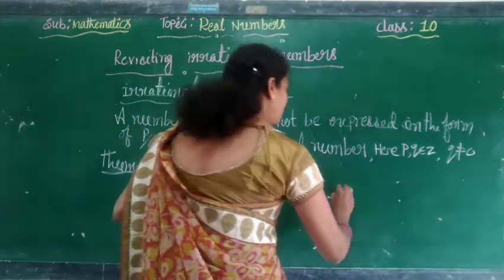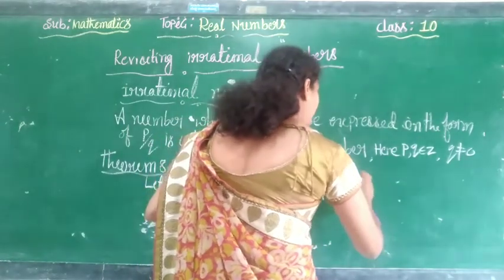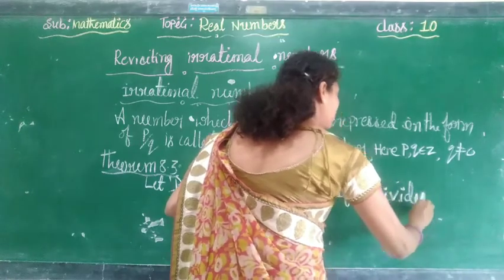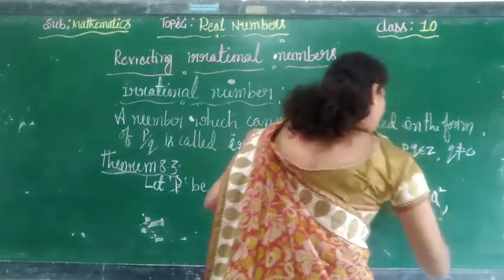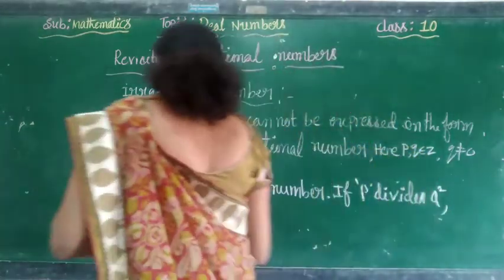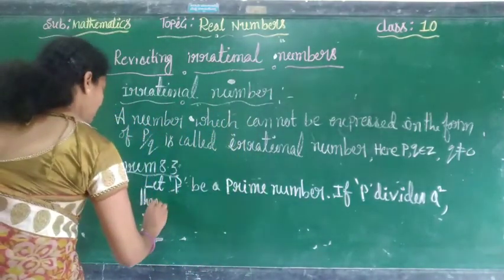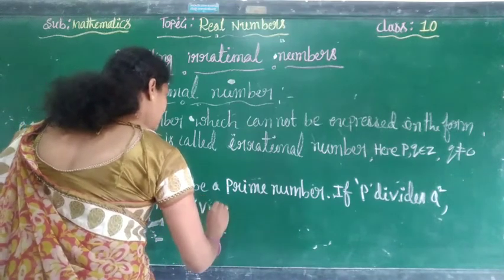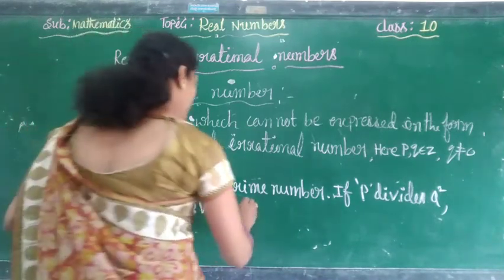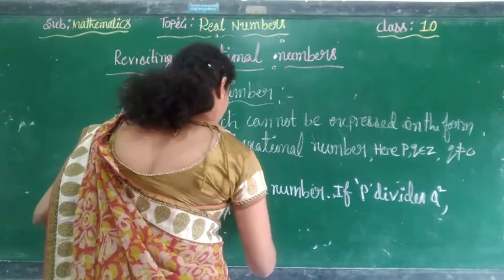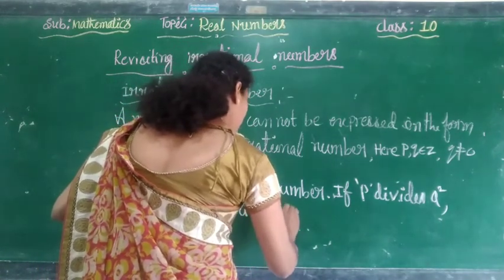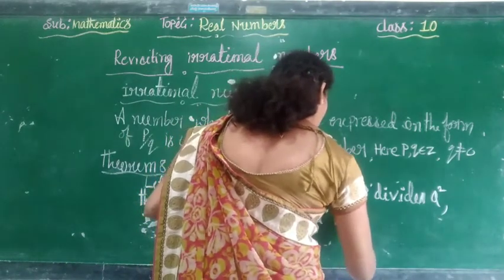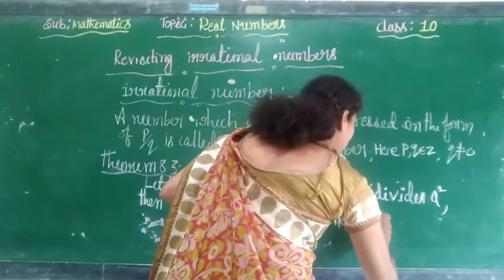If P divides a square, then P divides A, where A is a positive integer.